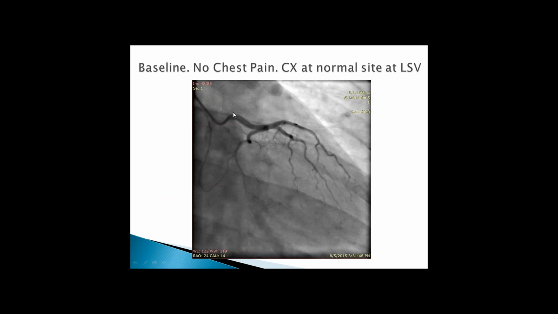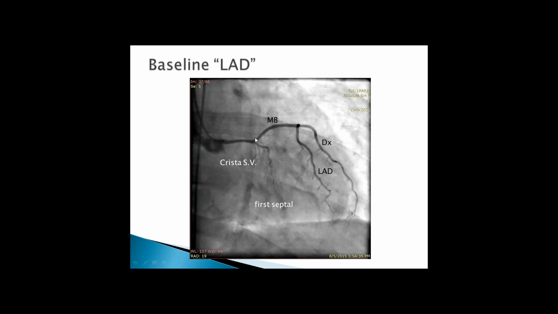This is an injection in the left sinus of Valsalva, where only the circumflex is originating. This is the initial injection in the left coronary artery, the left anterior descending in this case.